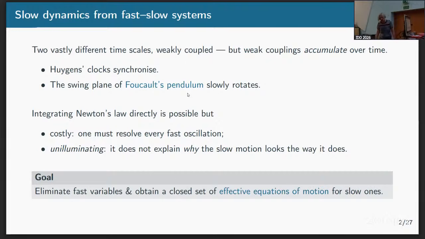Also, it doesn't tell you much. It doesn't explain what this slow dynamics is that you see effectively in your real physical system. So what we want to do, as I said, is eliminate the fast variables and obtain an effective equation of motion for the slow ones.